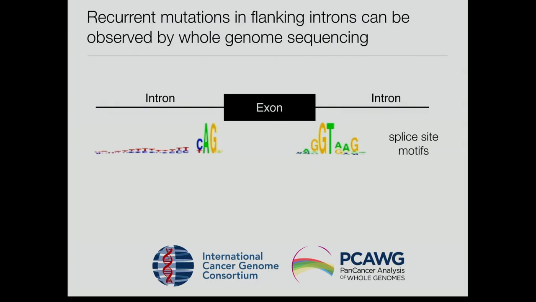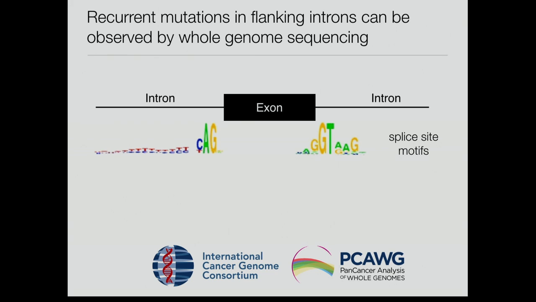And then finally, we are also involved in the Pan-Cancer Analysis of Whole Genomes group, mainly because we're interested in looking for mutations that are farther into the introns, which are typically missed by whole exome sequencing studies.